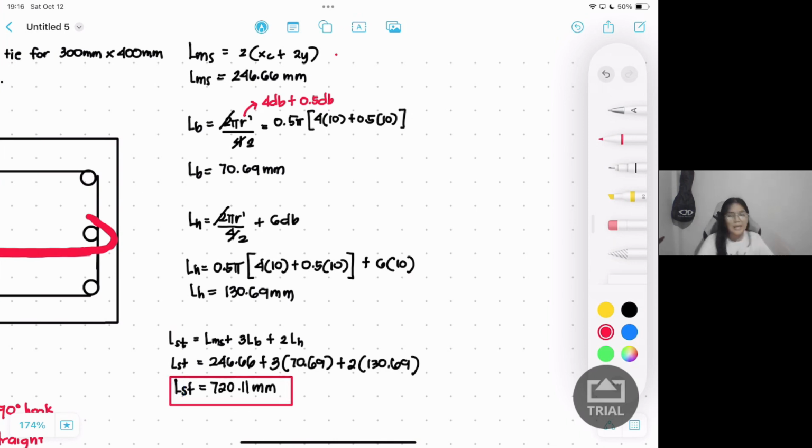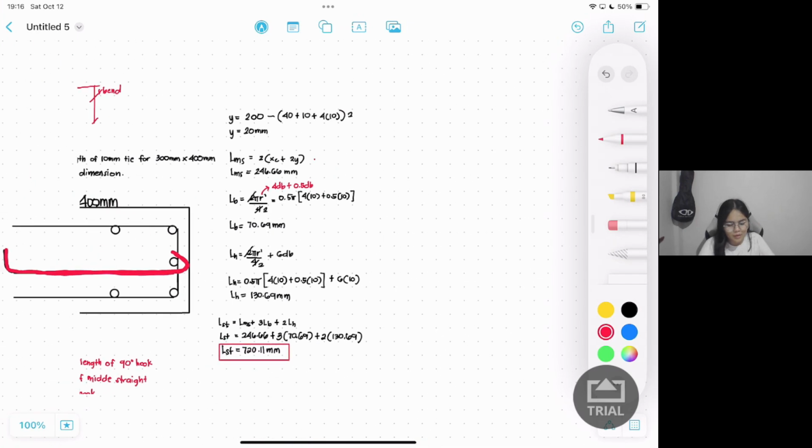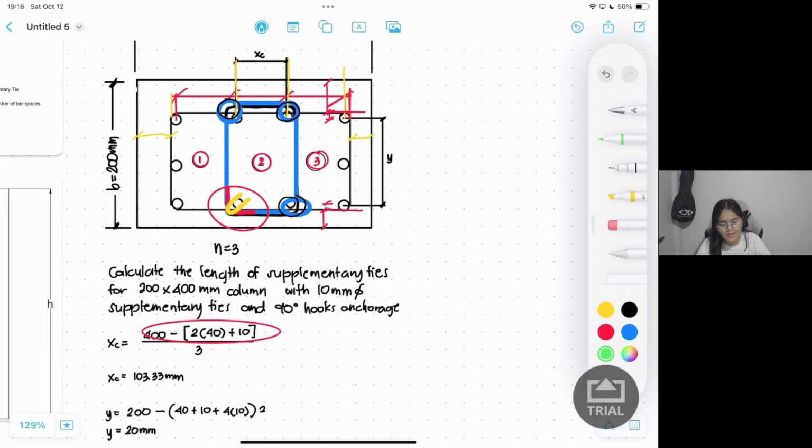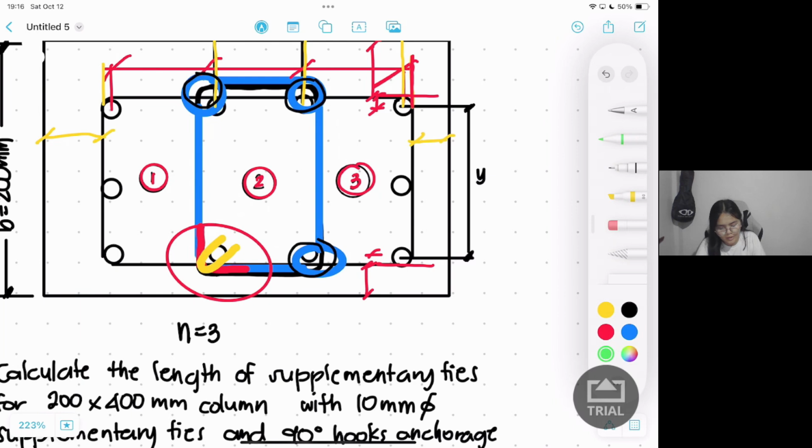Okay? And then, for 135 degree, pwede din kasing maging 135 degree yung ating hook dito sa last. Okay? So, again, magiging learning task nyo na lang yan. I-PM nyo yung output nyo sa akin. Okay?